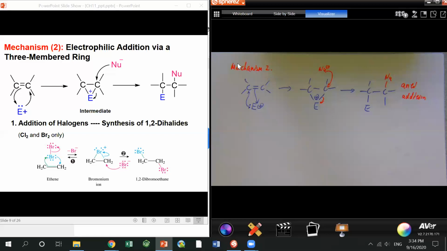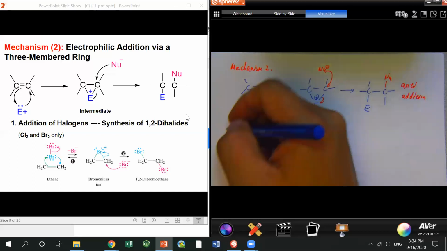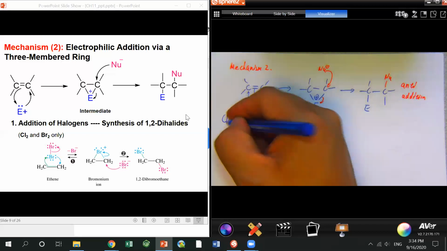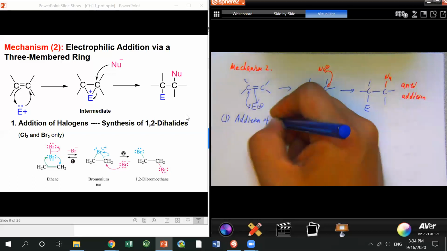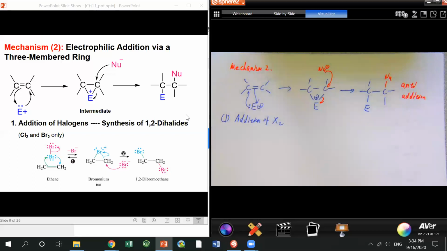All right, now we'll study what species we add across the C=C bond under mechanism two. First one, addition of halogen. I just use X2 as an example.